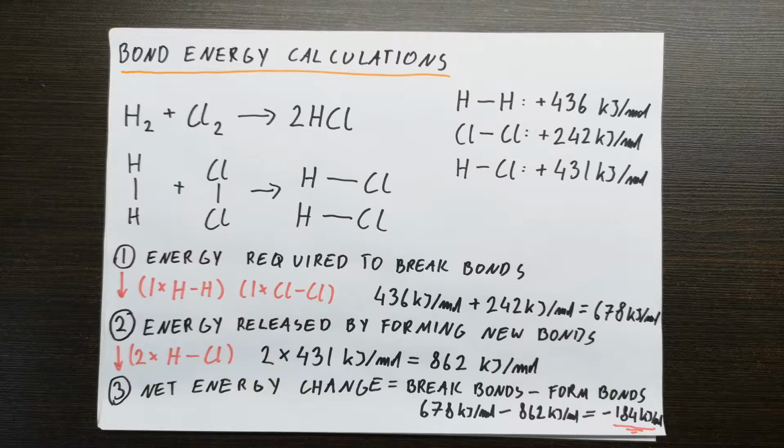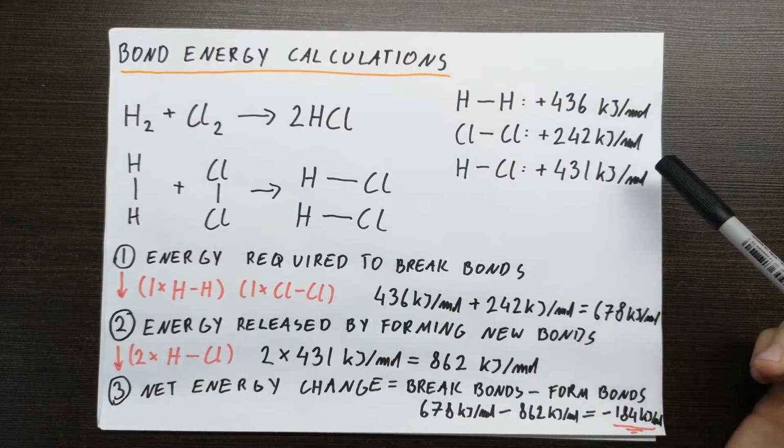So, what happens here? First of all, we need to calculate the energy required to break bonds, as the equation says. And how do we do this? Well, what are we breaking? We are breaking one hydrogen-hydrogen bond and one chlorine-chlorine bond.